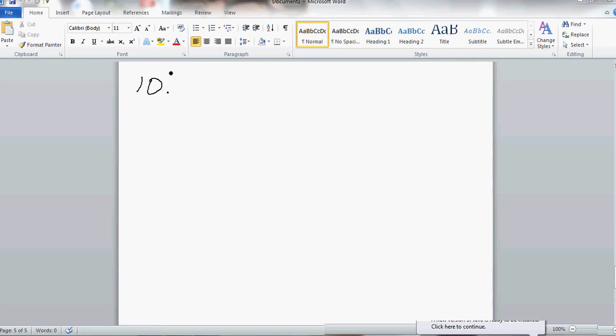And number 10. It says graph y equals negative tangent of x. Okay, we need to do some remembering of what a tangent line looks like. We have to remember that at negative pi over 2 and pi over 2 there are asymptotes.